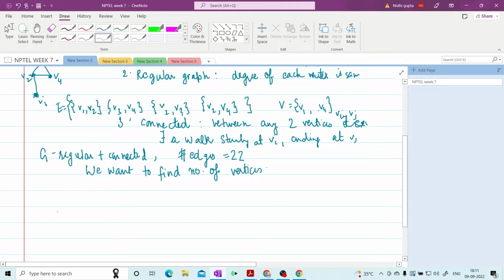We have a nice relation between vertices and edges, which is as follows: 2 times the number of edges is the sum of the degrees of each vertex.